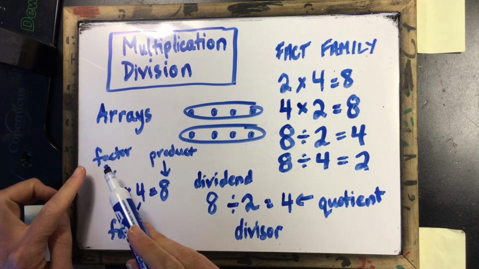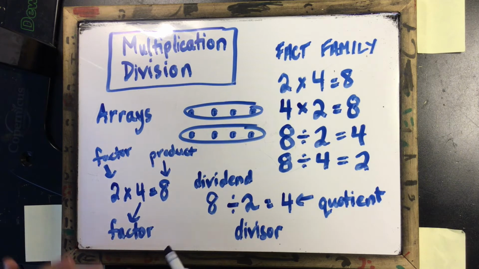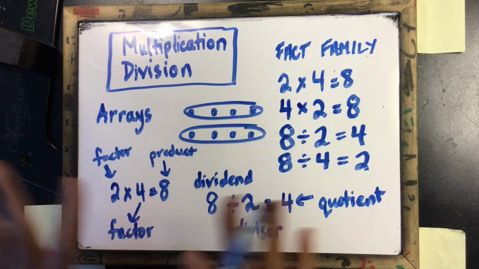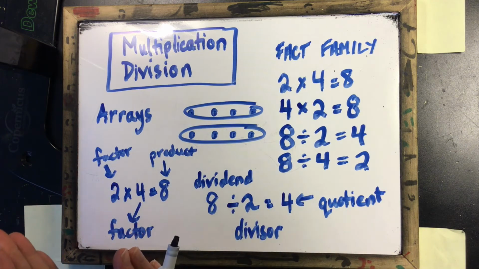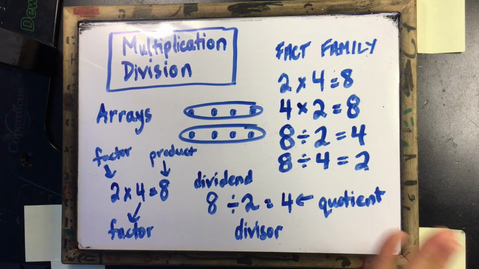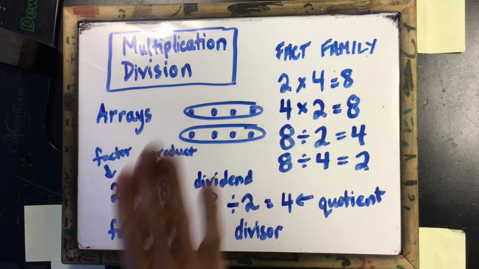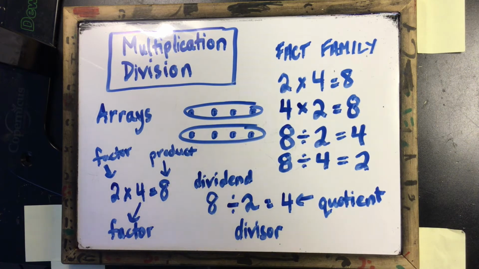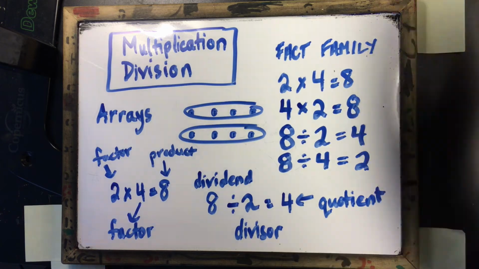We've talked a little bit about what a factor is, what a product is, what that looks like in the multiplication sentence, as well as when we move on to the division sentence, okay? The dividend, the divisor, and the quotient, okay? So we have different components of multiplication and division that come together to help us understand what it means to work with multiples as well as how we divide numbers, okay?